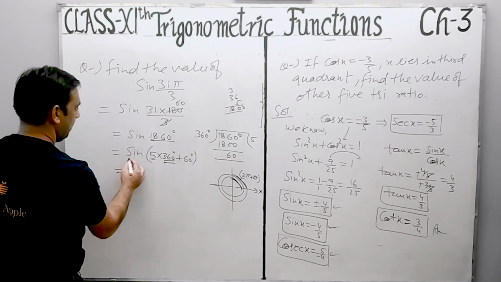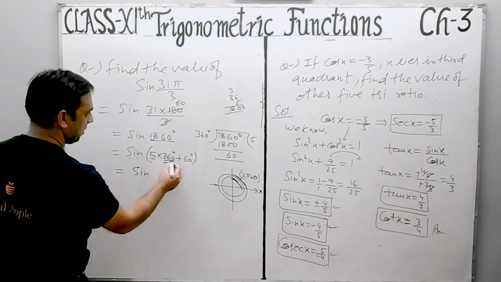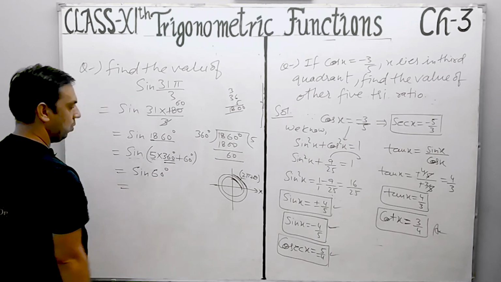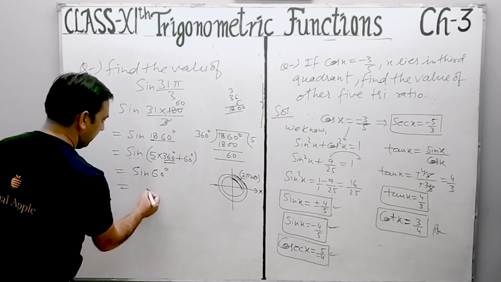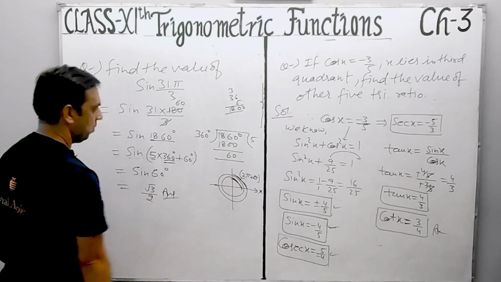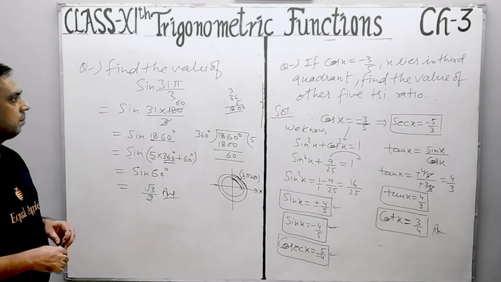So we will keep the name sine, as sin of 2 pi plus theta is sin theta. We know the value of sin 60 according to the trigonometric table is root 3 by 2. Right? So this is how we will do these types of questions.